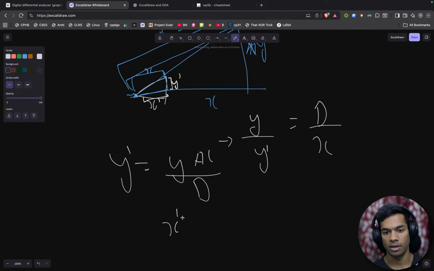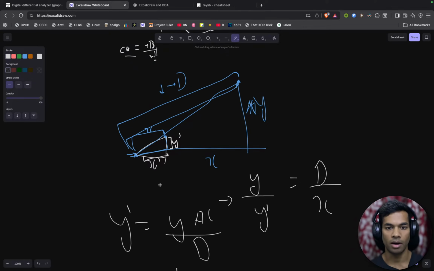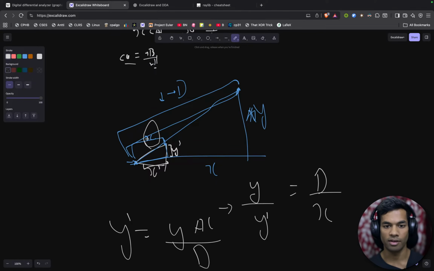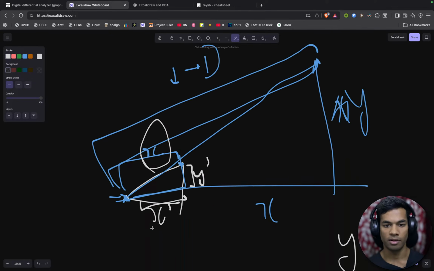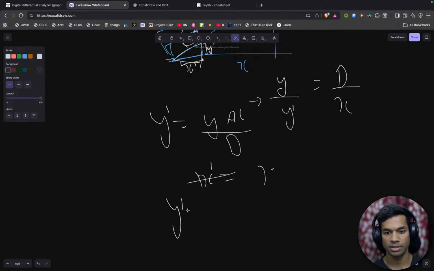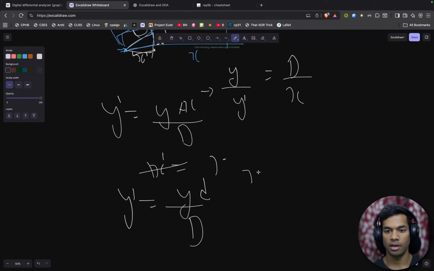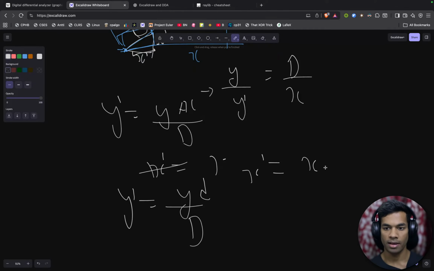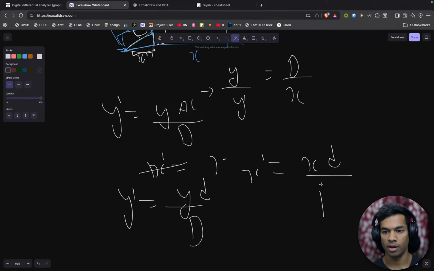Right, and x dash similarly would be, okay, we are using x here also. Let's call this small d. This is big D, and we have small d. So we have y dash equals y into small d divided by big D, and x dash equals x into small d divided by big D.